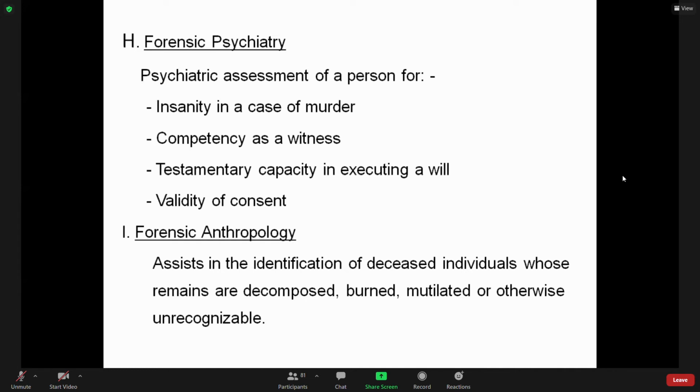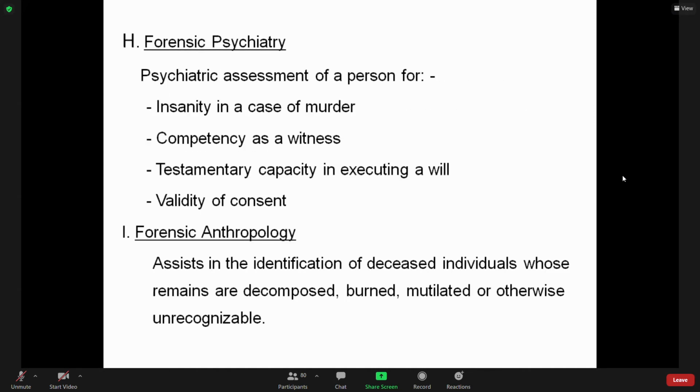If it's proved that the person did it due to his insanity, if he caused murder or homicide due to his insanity, he will be excused of the crime he has done. So we have to rule that out as well. Competency as a witness, for witness or for consent, or testamentary capacity, meaning when you make a will giving your property to someone, we call that testamentary capacity. So for all this, forensic psychiatry is important.